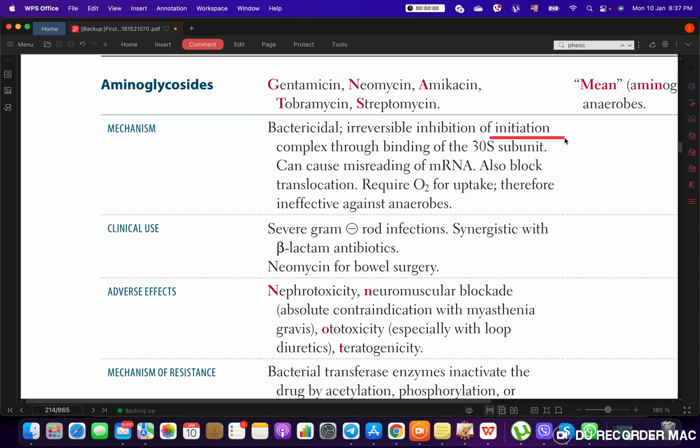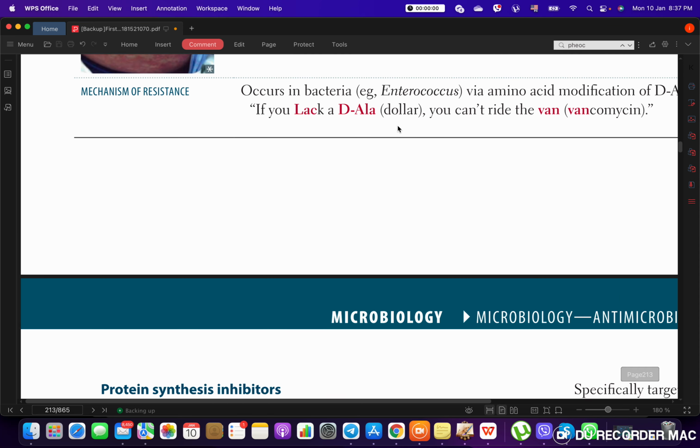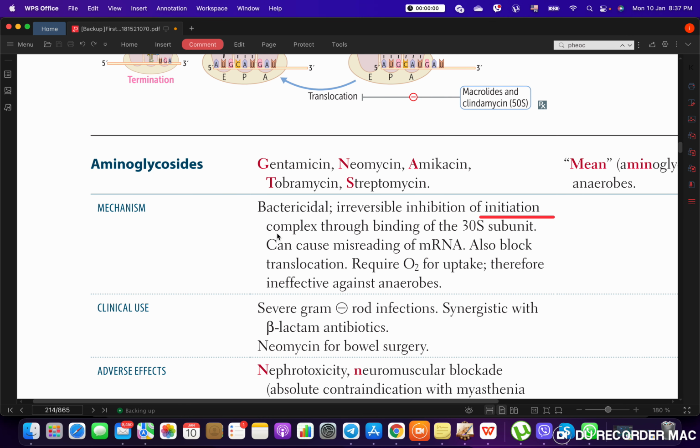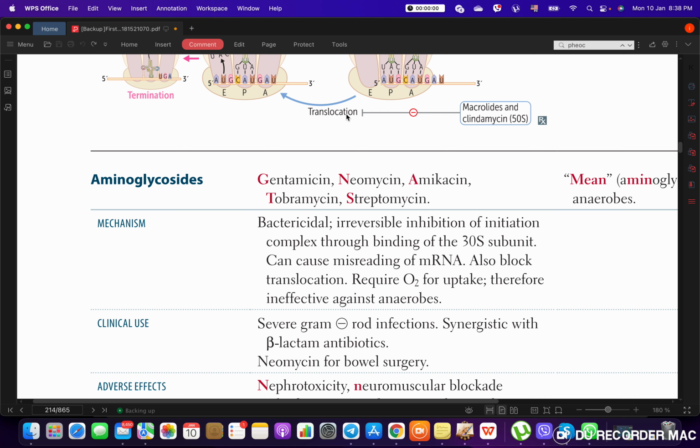Irreversible inhibition of the initiation. We saw that. It's the initiation complex through binding to the 30S subunit. It can lead to misreading of the mRNA and also can sometimes block the translocation, but it's not mentioned here.